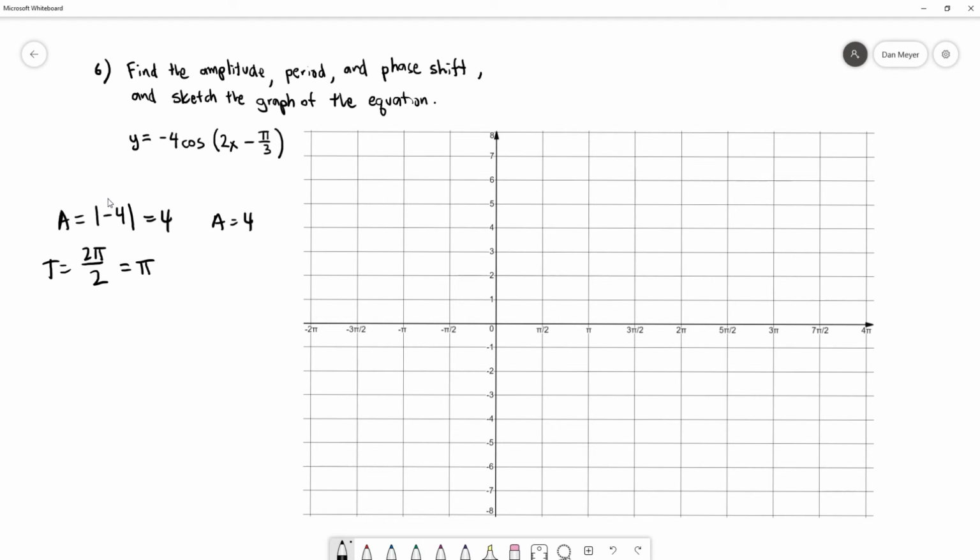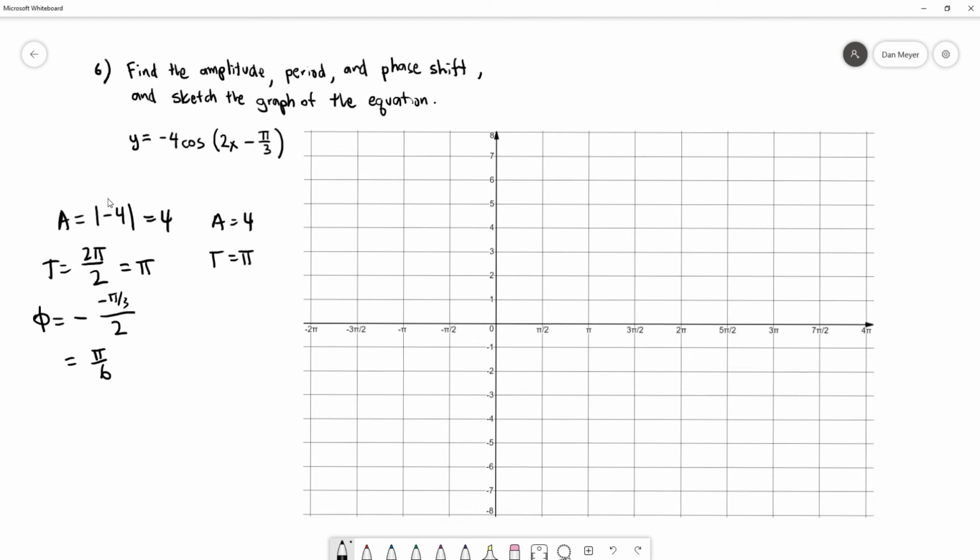So the period is pi. And the phase shift is negative c, which is negative pi over 3, divided by b, which is 2. And so the phase shift is pi over 6.